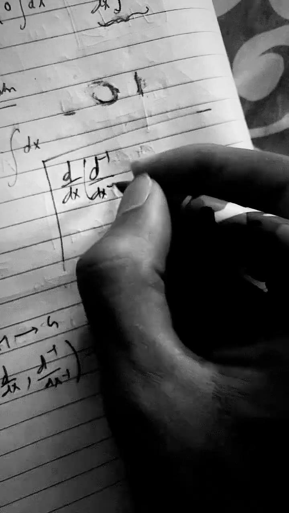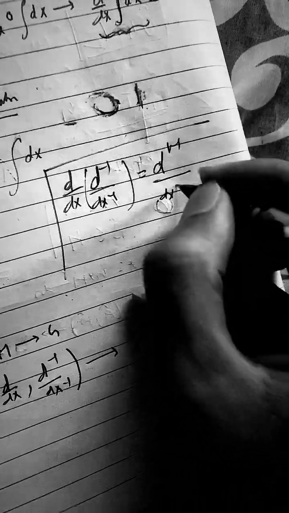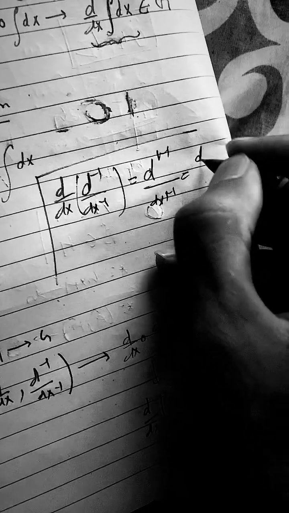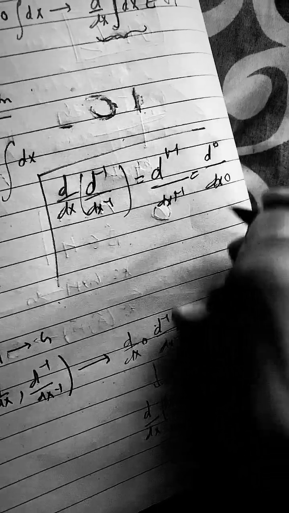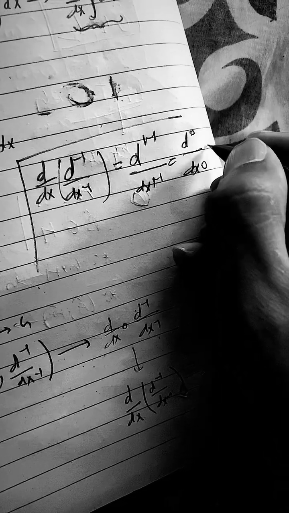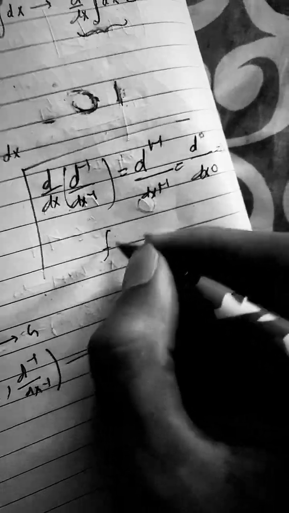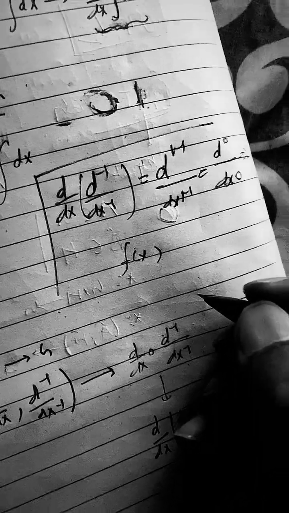So we have dy dx acting on this. We get d 1 minus 1 and dx 1 minus 1, which is d0 by dx0. It means it's a zero order derivative. So it produces nothing. It produces just our function f of x.